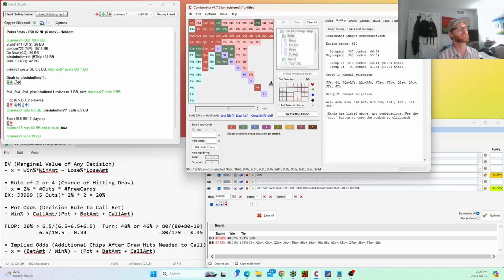And then this, based on the ones I selected, so the entire range is 660. And then the grouped, so the ones of 1 and 2, the ones that are brown, beige, and green, essentially there's 46% of that. So for this next decision post-flop, I essentially can use these to determine my probability of winning.